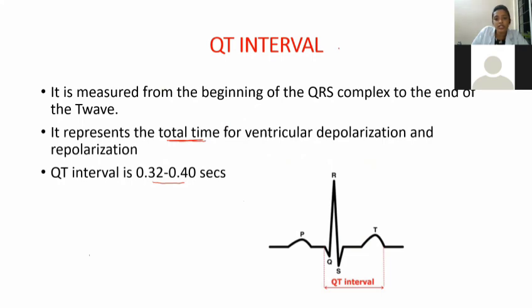Okay, so regarding the QT interval, one of the main things is this: by assessing the QT interval, we can have an idea about the calcium level. How?